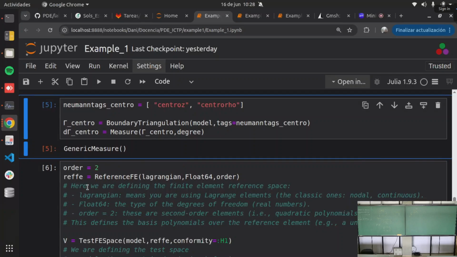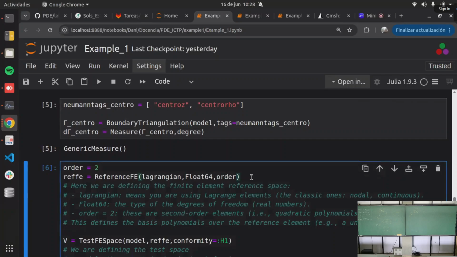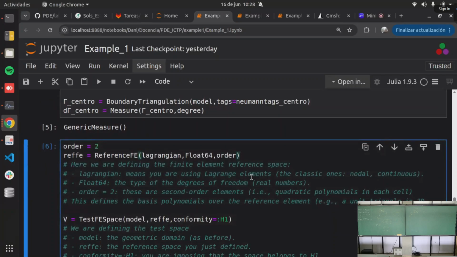In this case, we will do it with this line. In this line, we are defining our space. In this case, we use the Lagrangian elements. So this is the space. And the type of the elements are scalar. In this case, we use float 64, real numbers.